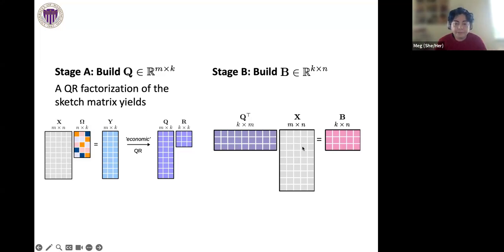Now we can use the approximated B, instead of the input data matrix X, to compute the traditional deterministic matrix decompositions for the analysis of the data.